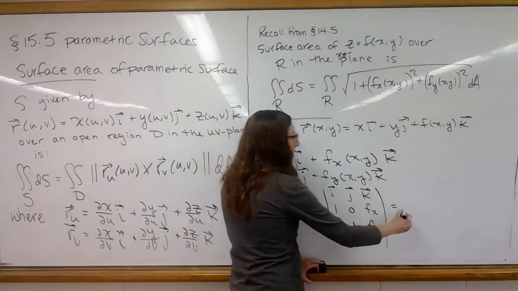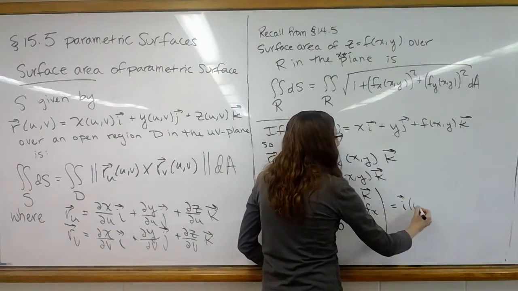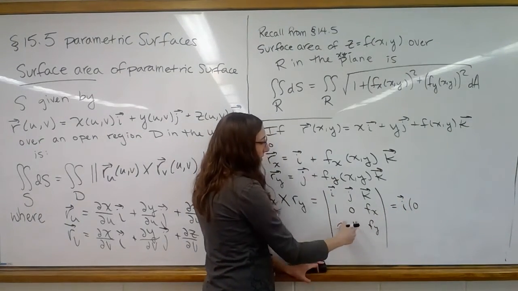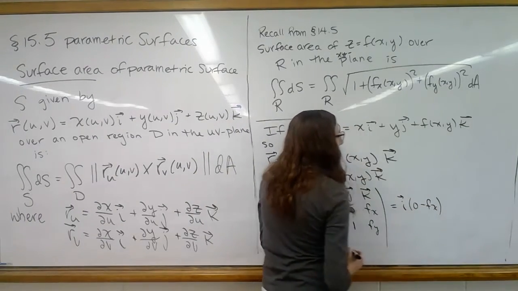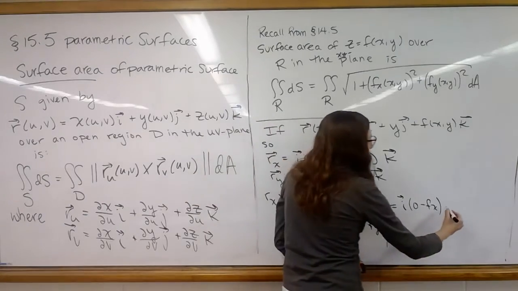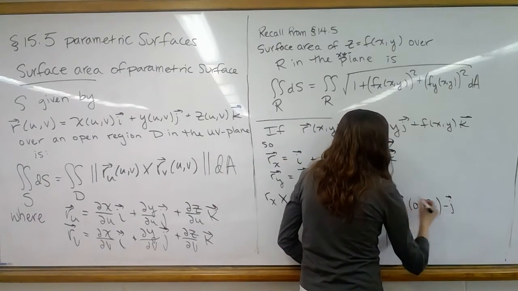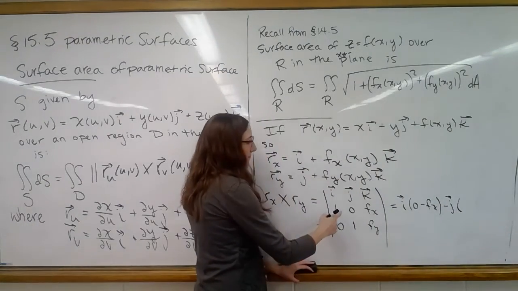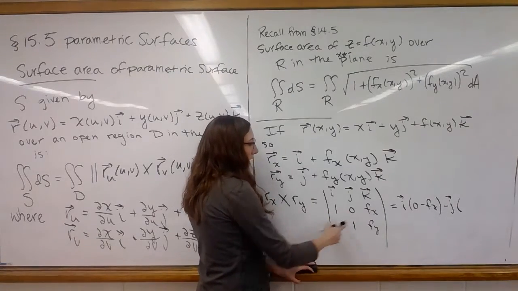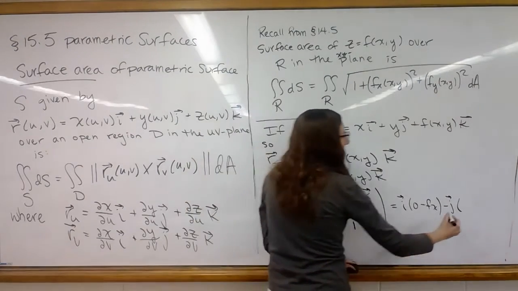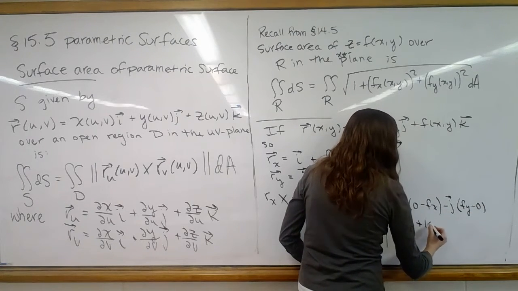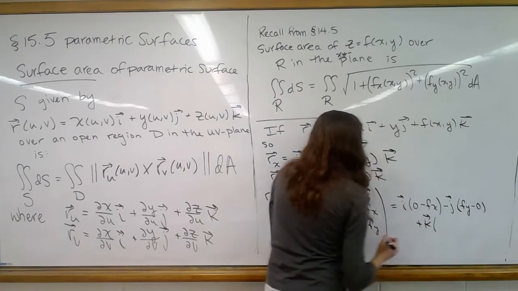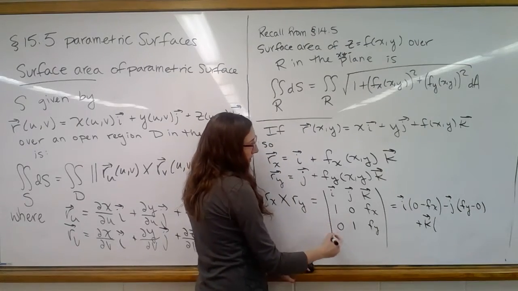So we're going to really end up with i times, we'll have 0 minus f sub x. And then we're going to have minus j times f sub y minus 0. And then we'll have plus k times 1 minus 0.